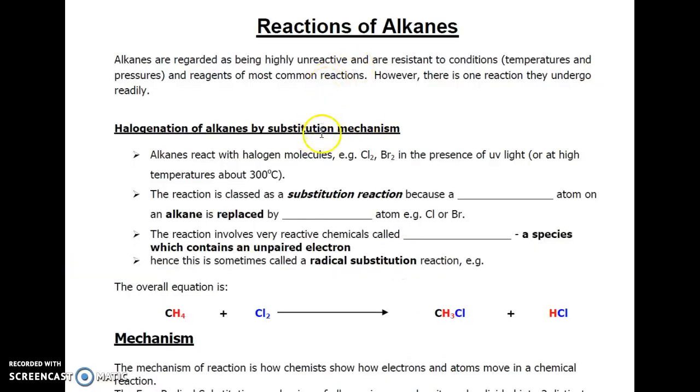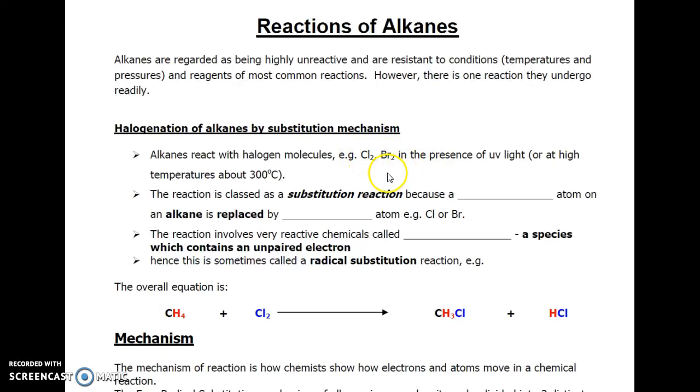Okay, so this reaction is mediated by ultraviolet light. You can do it at higher temperatures, above 300 degrees, but usually the examiners just want you to say ultraviolet light.